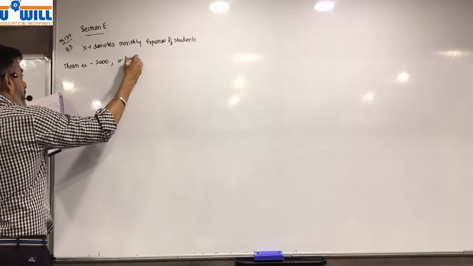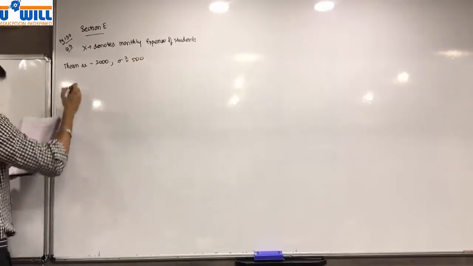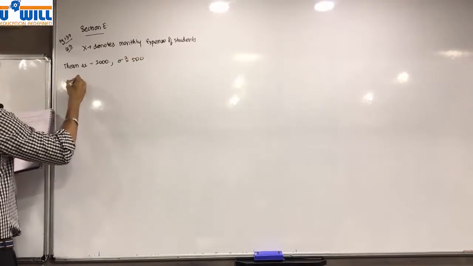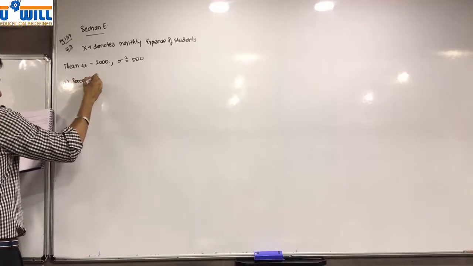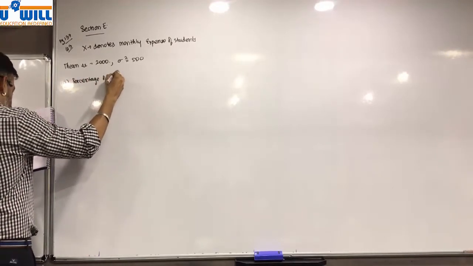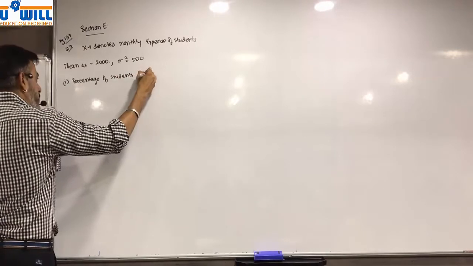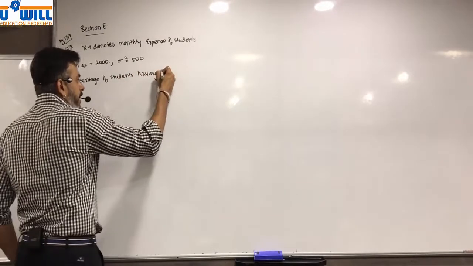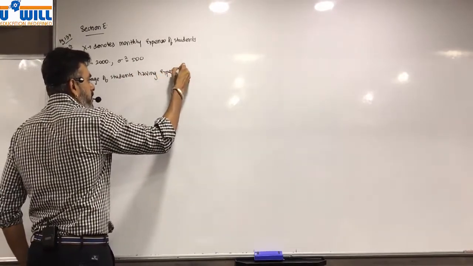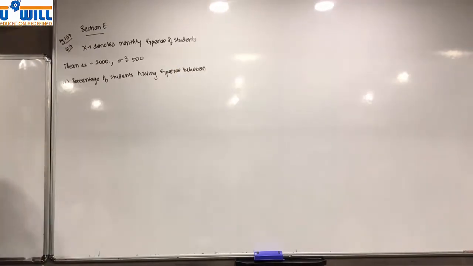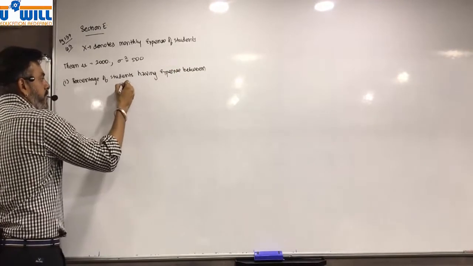Standard deviation sigma is equal to 500. Now first, percentage of students having expense between 750 and 1250.